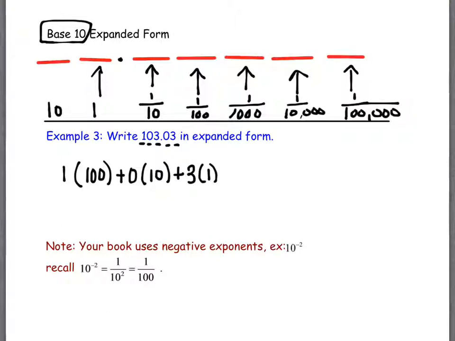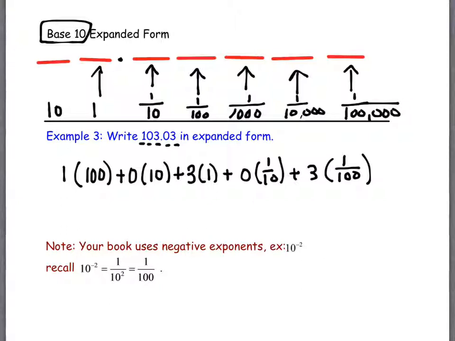We did that in Math 1, for those of you who've taken it. We've seen that before. And then on the right-hand side, we're going to write 0 times 1/10 and 3 times 1/100th. And we are going to put zeros in for the missing ones, and we're going to include those. This is what I want to see when we talk about expanded form.